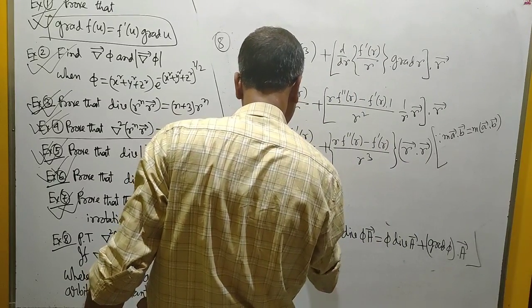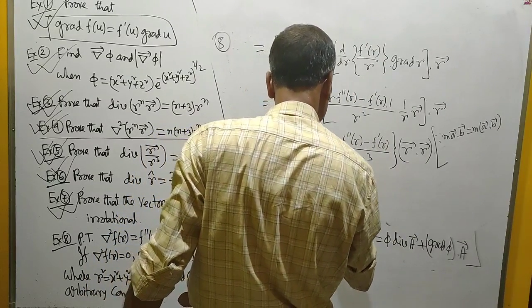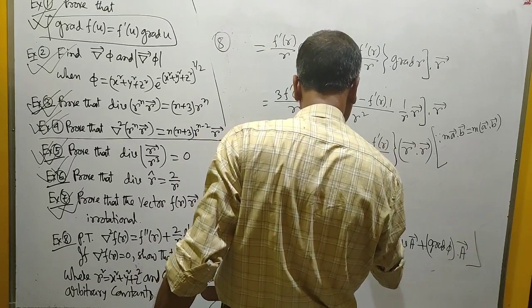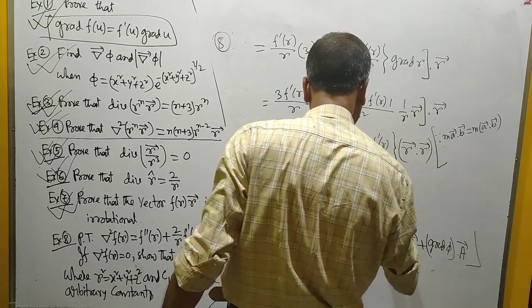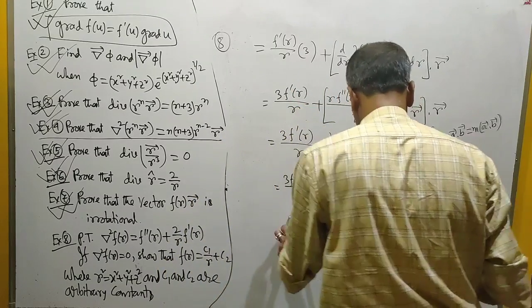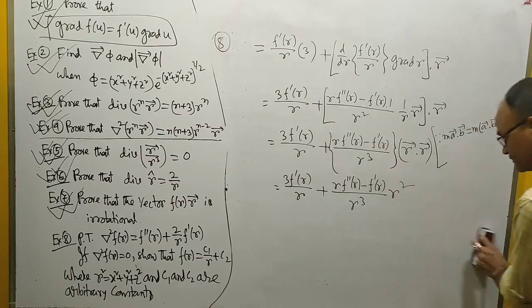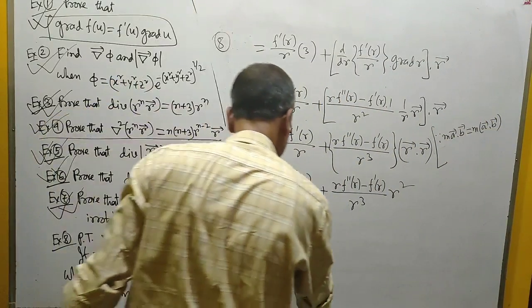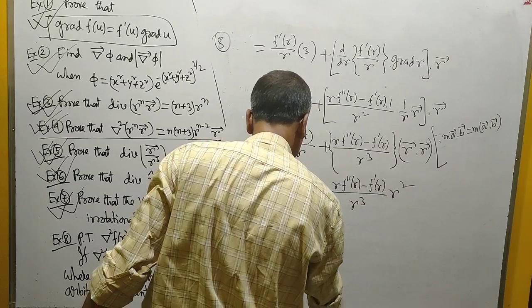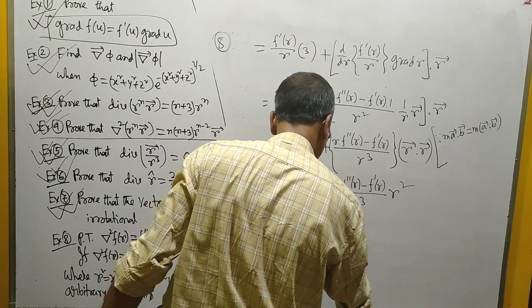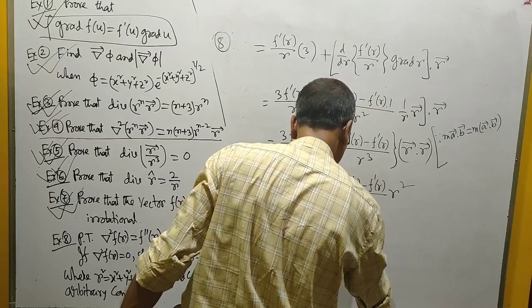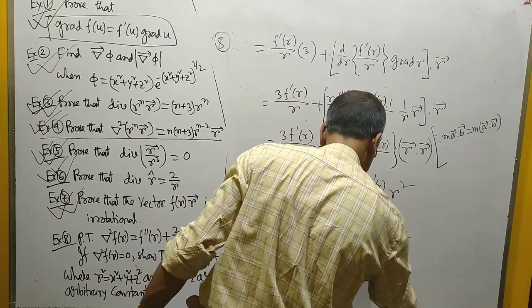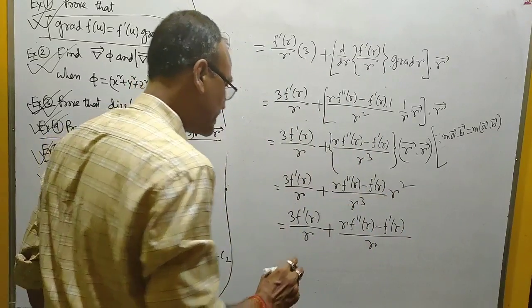3 f dash r by r plus r cube, r f double dash r minus f dash r, it will be r square. This is equal to 3 f dash r by r plus r f double dash r minus f dash r divided by r. r square, r cube, this will be cancelled.